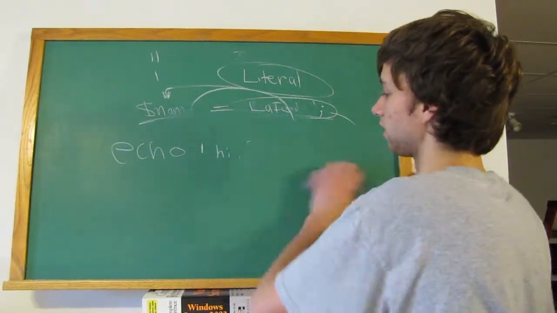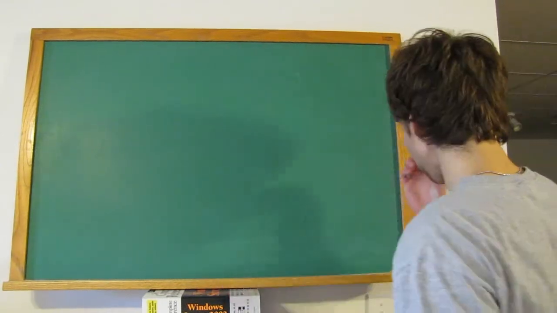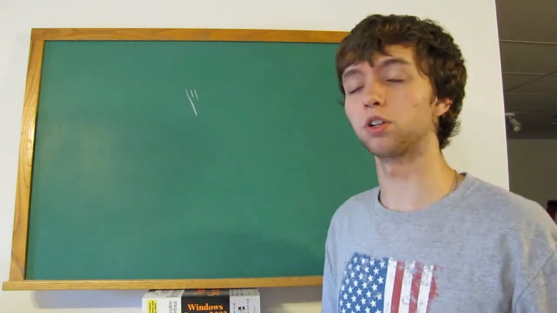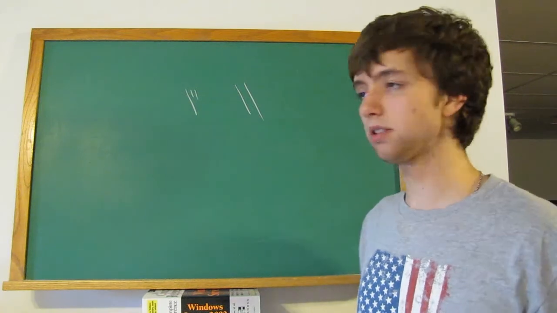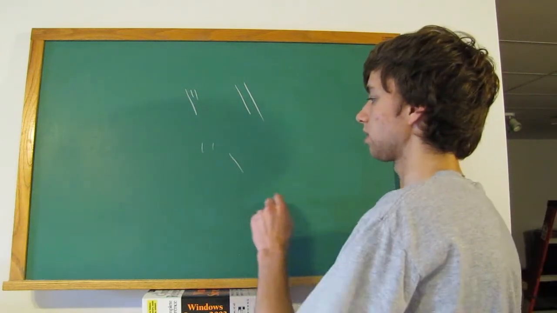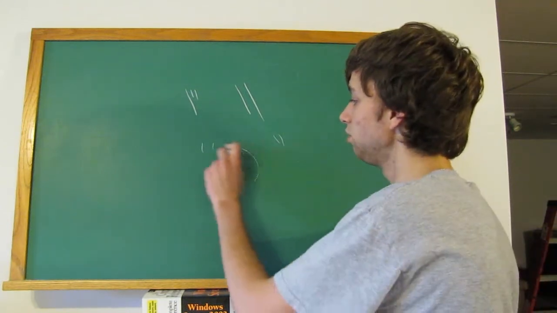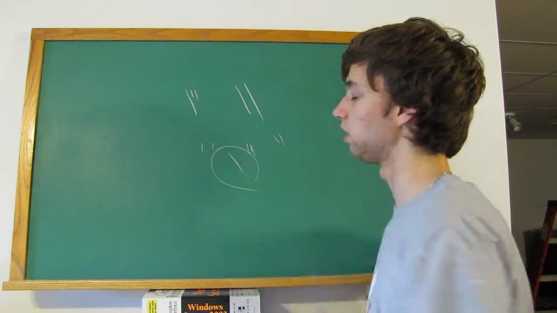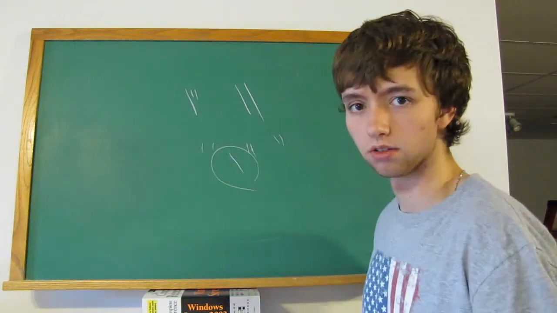Now there's another thing that you need to know about, which we talked about some, which was escaping. We escaped the double quotes. Well, you could also escape the backslash. Why is this? Because if you have double quotes and then you have a backslash, PHP is going to assume that you're trying to escape something, such as a double quote, and it's going to interpret that you want to escape it. Does that make sense?